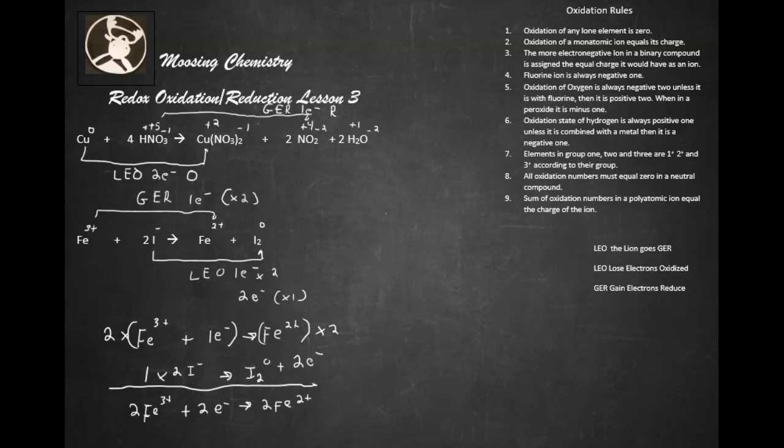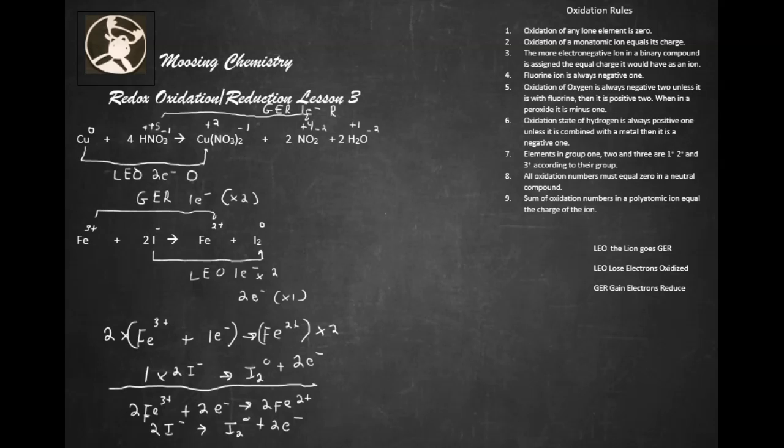Now, this bottom one is going to be 2I negative yields, because anything times 1 is that same number, I2 0 plus 2 electrons.